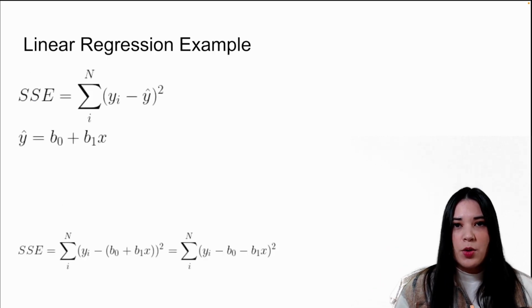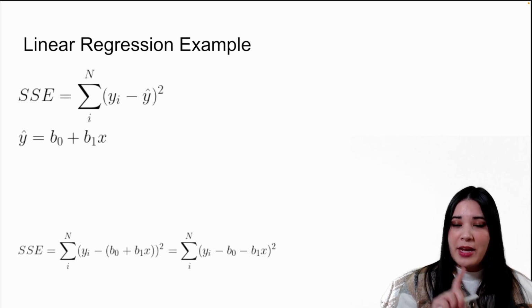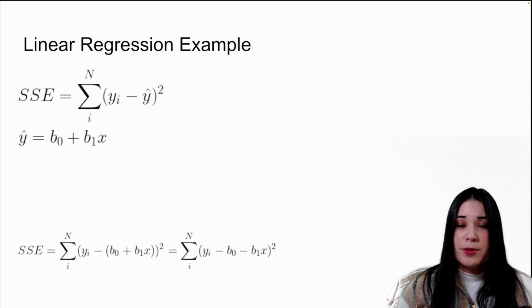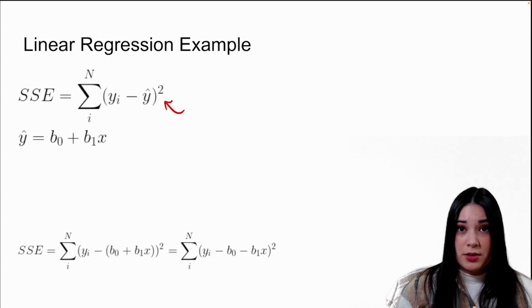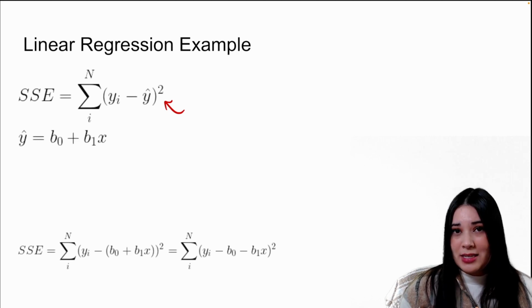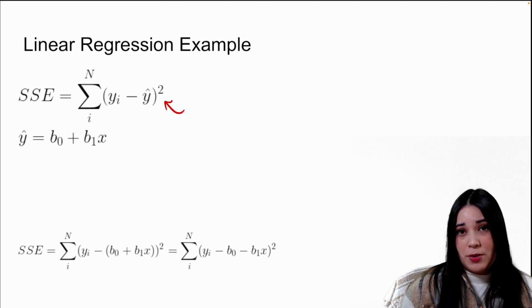All right, so let's go over a quick example with linear regression. This is going to be the simplest linear regression because it only has one predictor. That means there are 2 parameters in our model, the intercept and the coefficient for that predictor. For simplicity of math, we are going to use the sum of squared errors as our loss function. This measures the squared distance between our model's guess and the actual value, as a way to measure model performance.